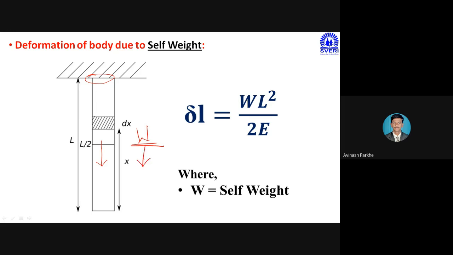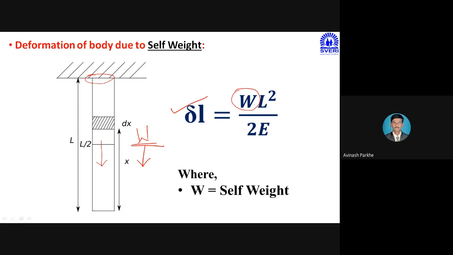If I have to calculate the deformation in such a condition, at that time I have to use this formula, that is delta L is equal to WL square upon 2E. In that, W represents the self weight of the body which is acting in the downward direction. The self weight is also given in the statement, so we have to use it as it is, keep the other parameters, and go for the solution.